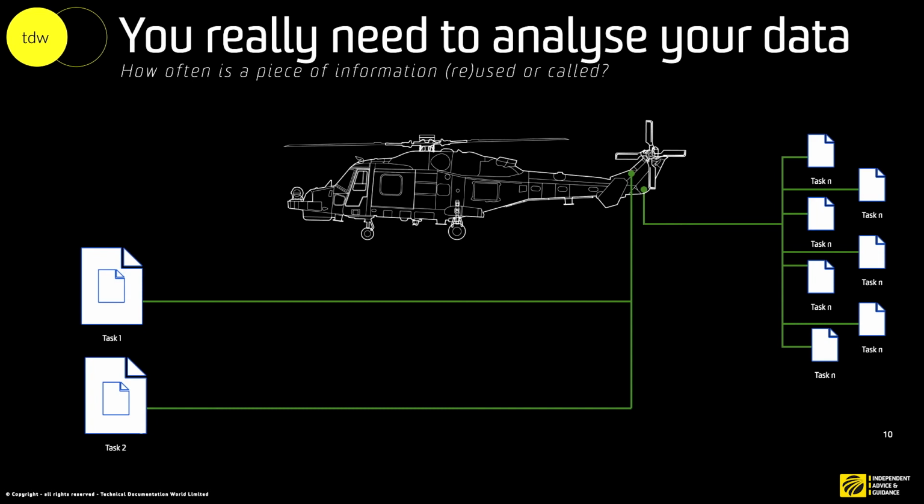But for the more complex panel, and for the panel that is more likely to have informational changes and is referenced by multiple tasks, it probably makes sense that we have a single module, or a single self-contained piece of information for the removal and the installation of this particular panel itself. So those are the 2 kinds of differentiators that I'm giving you here.